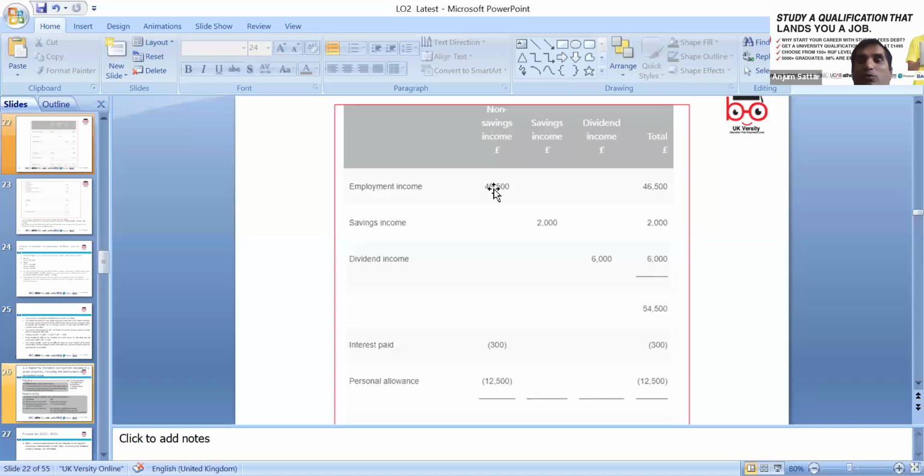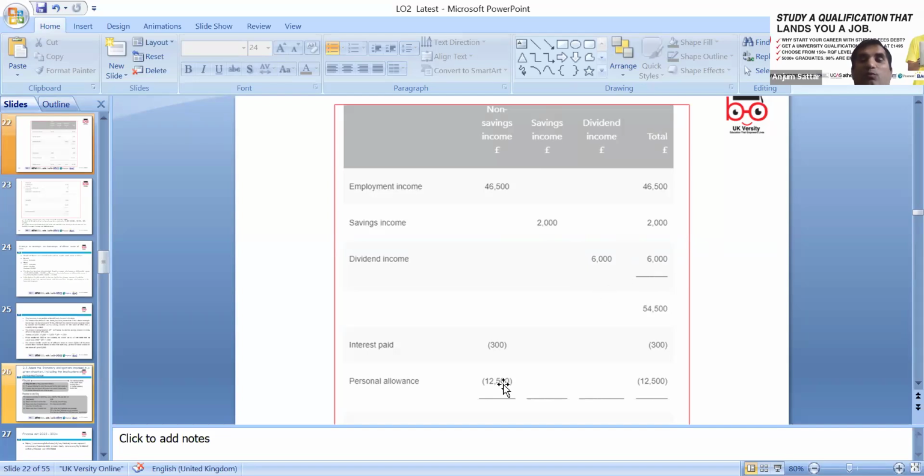46,500 is non-saving income, which means employment income. Her saving income is 2,000 and dividend income is 6,000. So her total income is 54,500 pounds and interest paid is 300, and we can look at the personal allowance, how much we have.